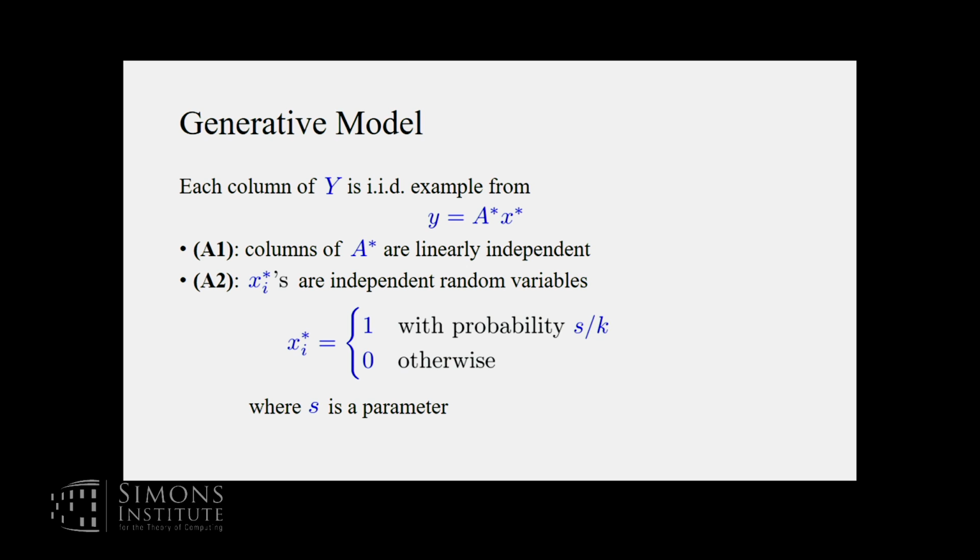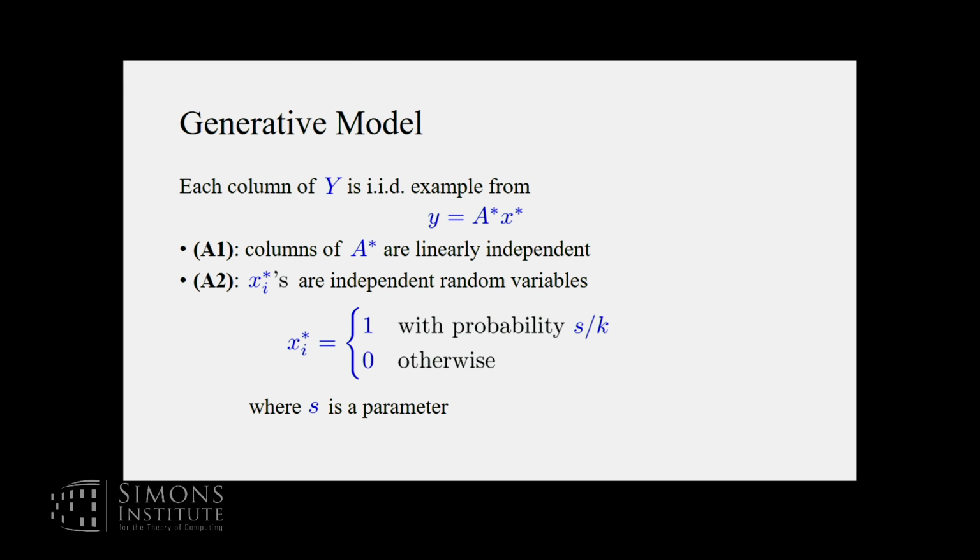So in expectation, this is a vector with S non-zero entries being 1 and all the others being 0. So just a very simple model. Our analysis generalizes to some other more general assumptions, but this is sufficient for demonstrating our intuition.